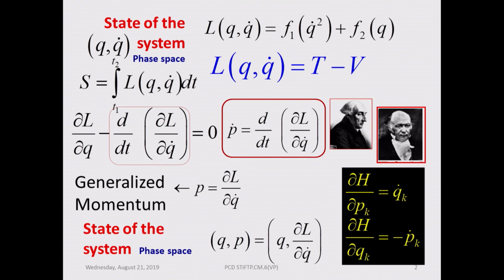Then find the generalized momentum as the partial derivative of the Lagrangian with respect to the generalized velocity. Okay. Then carry out the transformations from q dot to q, p. These transformations are important, and only after you carry out these transformations can you describe the system in terms of q and p, and then in terms of q and p you can write the Hamilton's equations.